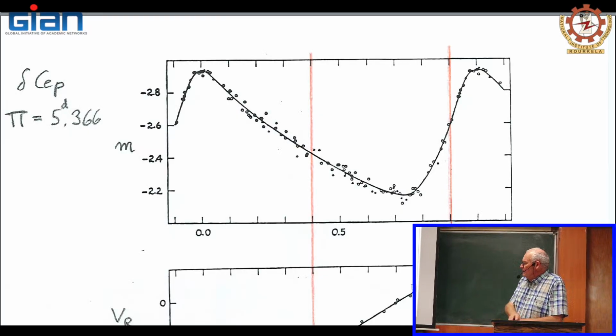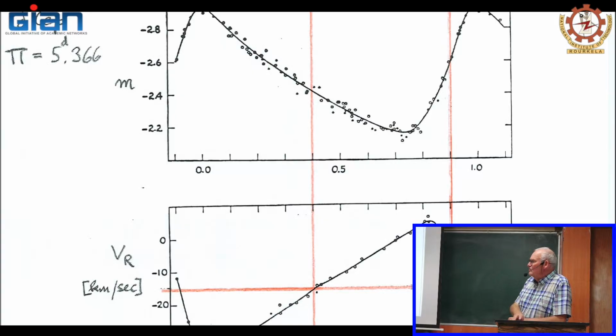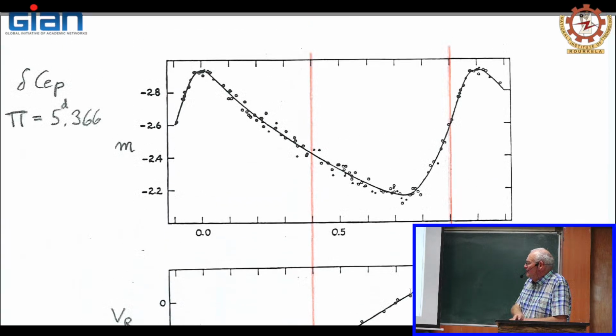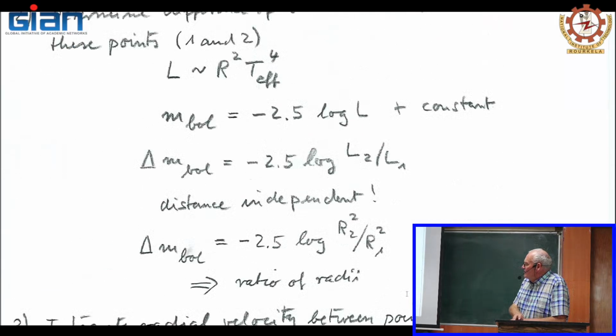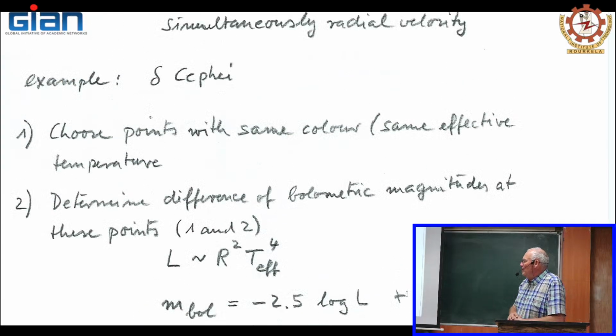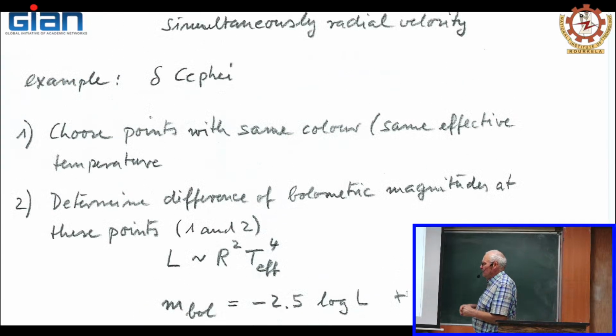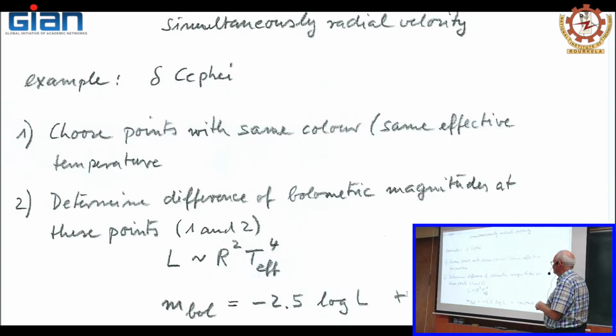Okay, so this is the situation for a well-studied radial velocity curve and light curve for the star delta Cephei. So what is the idea to determine the radii using radial velocity curves and light curves together?